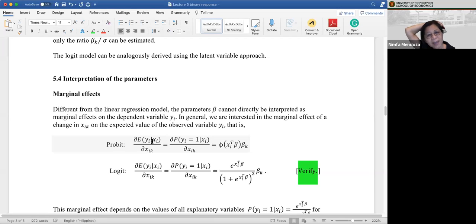Note that this expected value can be between 0 and 1.